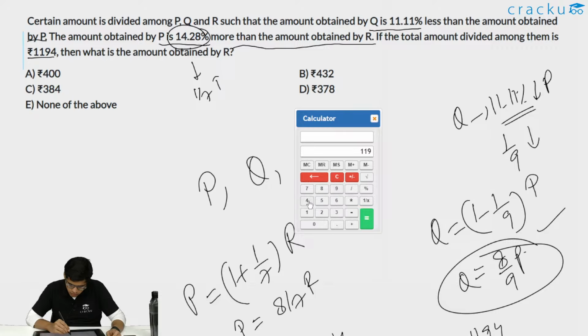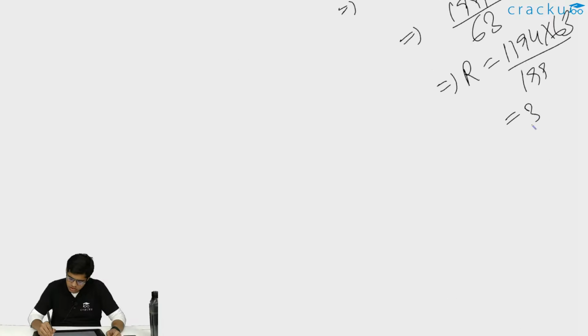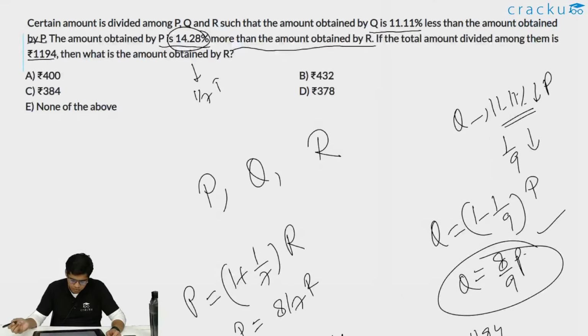So 1194 into 63 upon 199 is 378. So the value of R is 378. So option D is the correct answer, 378.